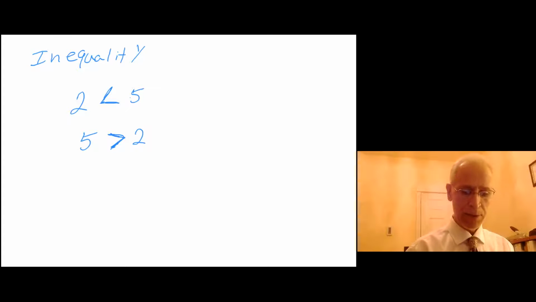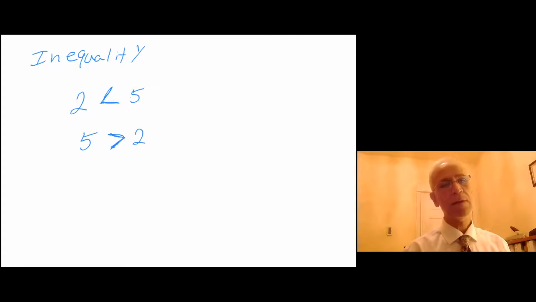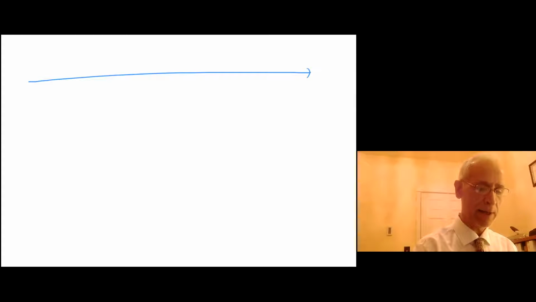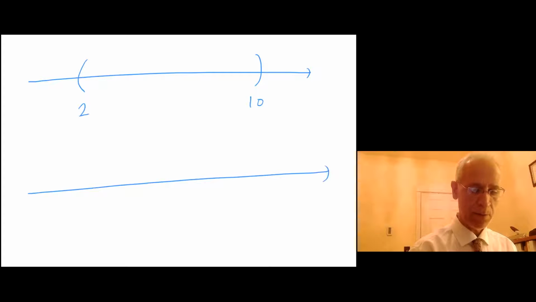Okay, so what if we had an interval? Suppose we want to say that here's a number line, and x is between 2 and 10, and let me do 1 with the bracket.